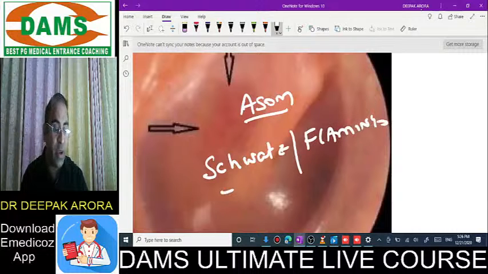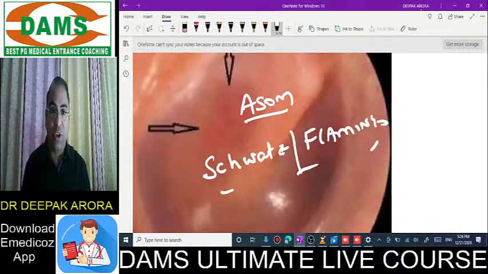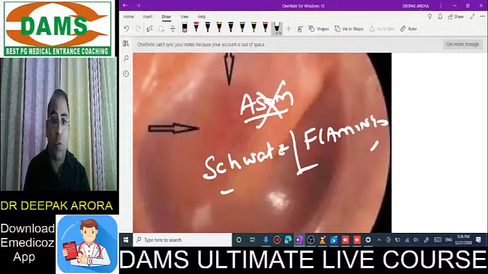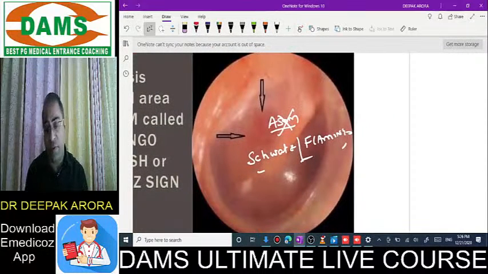So if a female comes to you with bilateral conductive deafness, on examination we have seen a reddish lesion on tympanic membrane. If no fever, no bulging tympanic membrane, ASOM ruled out. If there is high-grade fever, we will be going in the favor of ASOM. This is Schwartz sign. What is the importance of this?